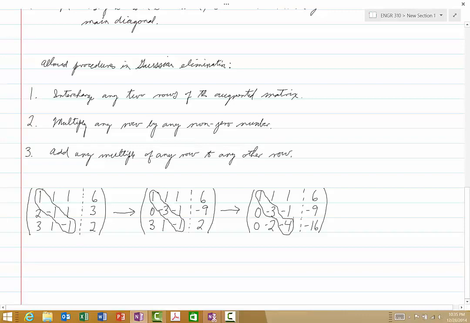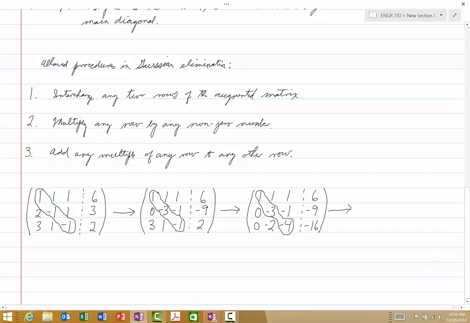And likewise, if you had a bigger system, you would keep up that same pattern. If you want to eliminate terms in the nth column, you do that by adding multiples of the nth row to lower rows.